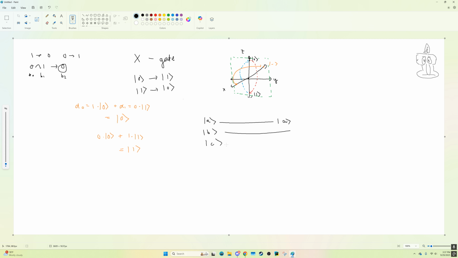It takes control A, control B, and then target C. And if A and B are both true, only then does C get flipped, and it gets flipped by the X gate. So it's the same as a C0, but it just requires one more additional input. So this is the quantum equivalent of a logical AND gate.